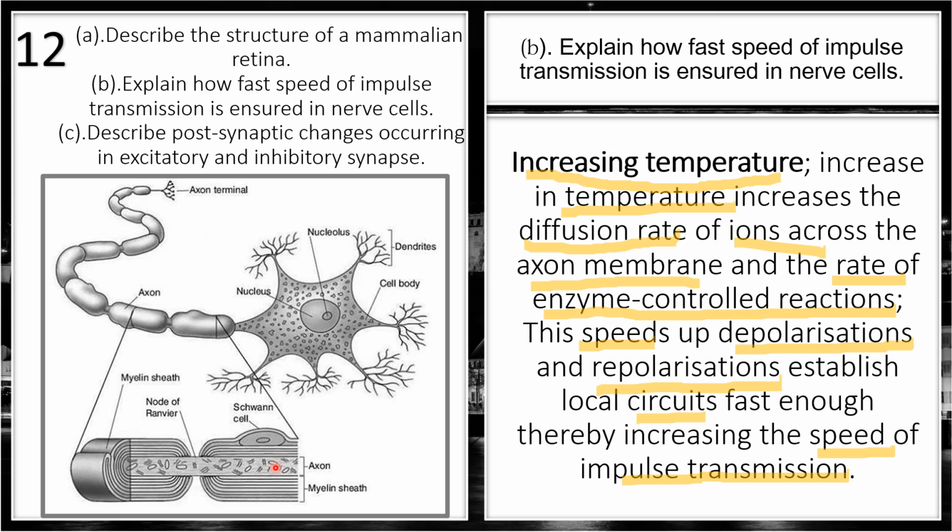So this is going to speed up the depolarization and repolarization to establish the local circuit fast enough, so that there is an increase of the impulse transmission. So one of the ways of speeding up the impulse transmission is to increase the temperature.